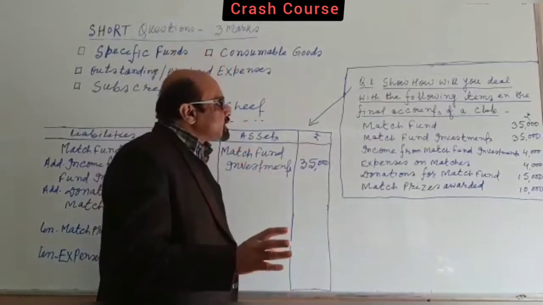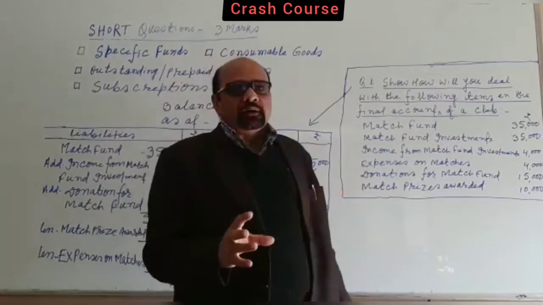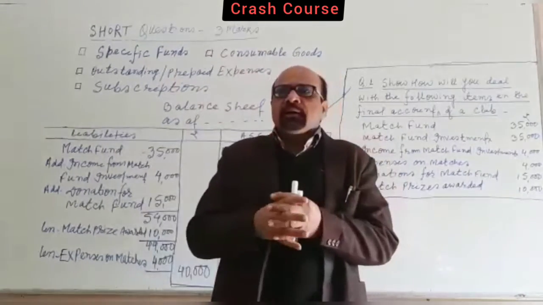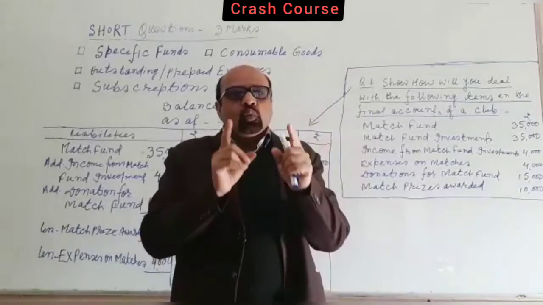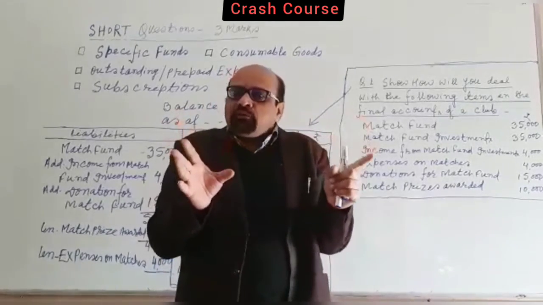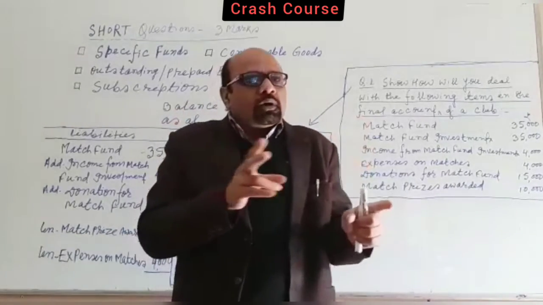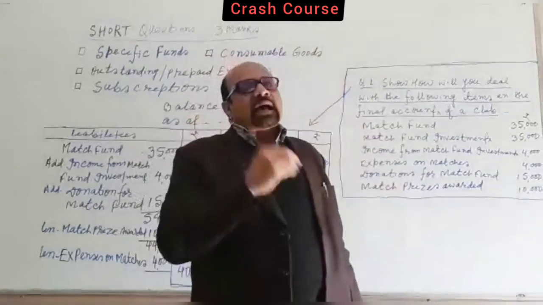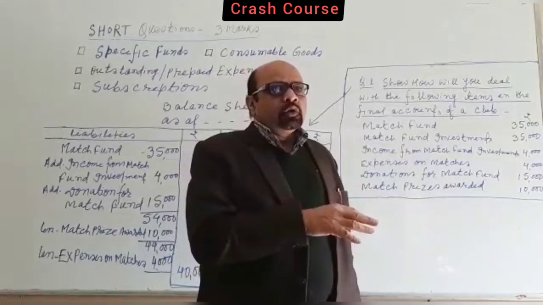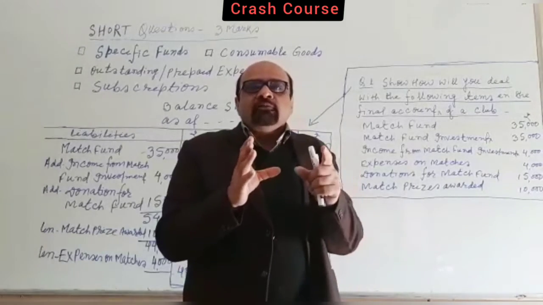How will you show these items in the income and expenditure account and balance sheet? First, try to understand what is the meaning of fund. Fund is prepared by the organization for a particular purpose. One is capital fund, because in a profit organization we call it capital, but here we call it capital fund.